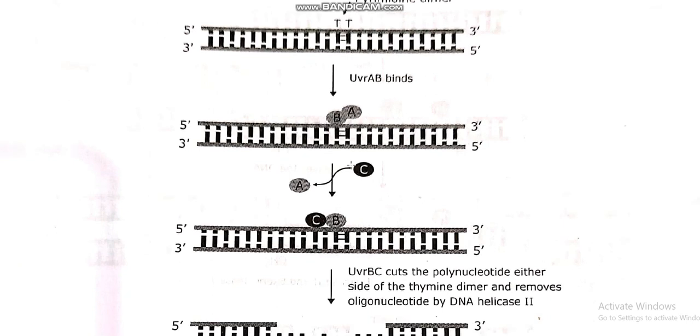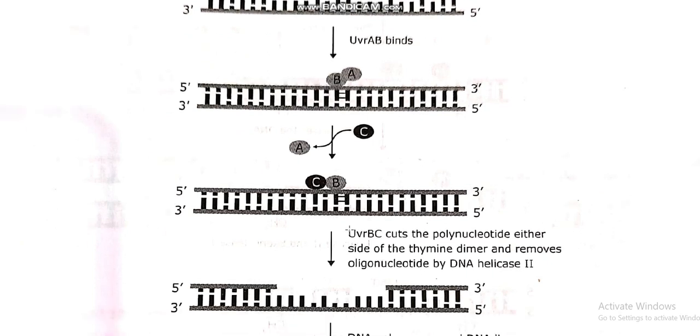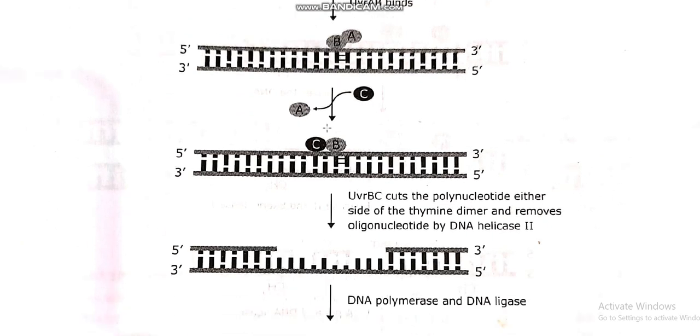Now UvrC will be there. It will replace A, and bind to B at the DNA damage site. Now UvrB and UvrC combined have a catalytic effect, and they cut the polynucleotide on either side of the thymine dimer.